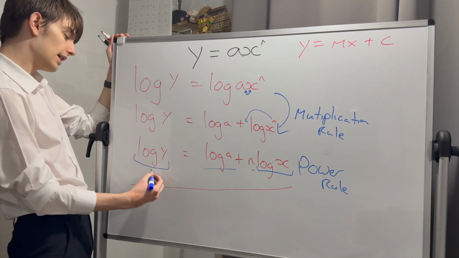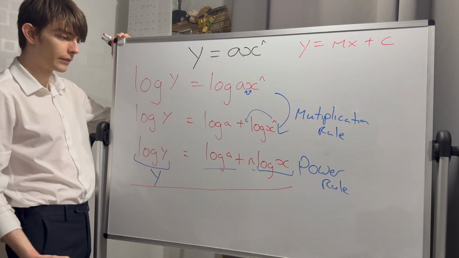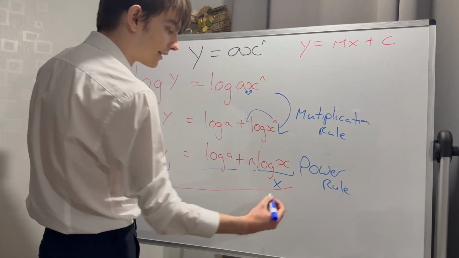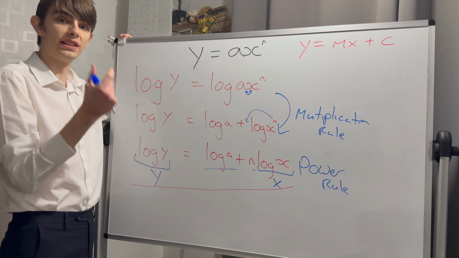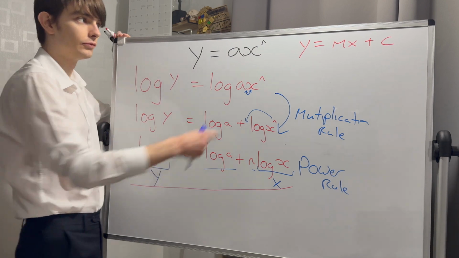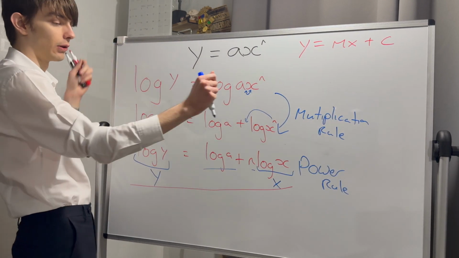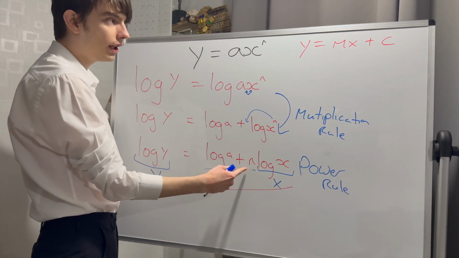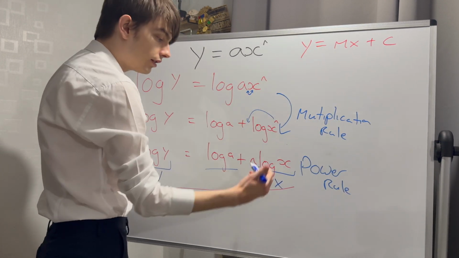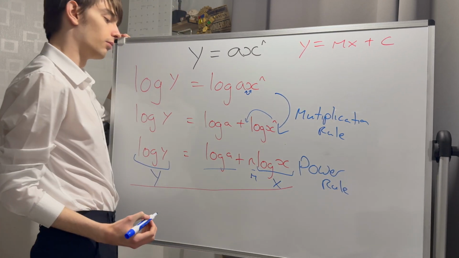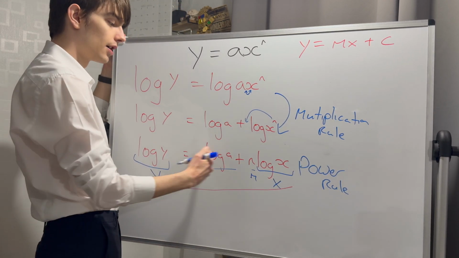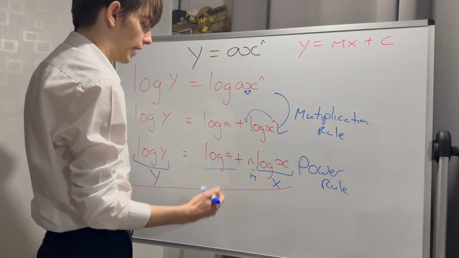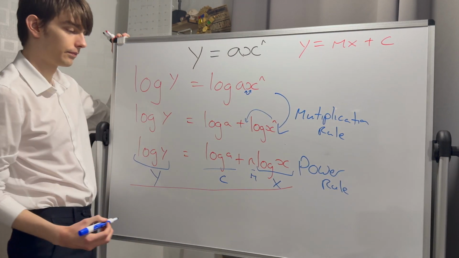This log of y here is my y. This log of x is my x. X and y are always going to have x and y in them, so from this equation down to this one, we need to be on the lookout for those. And then what am I multiplying my x by? n. So n is essentially my gradient, and log of a is the number I'm adding on, and it is my c.